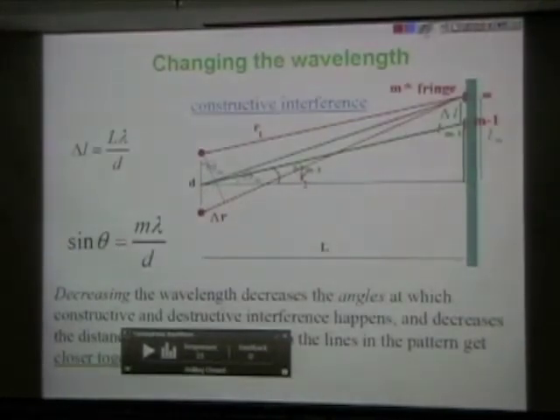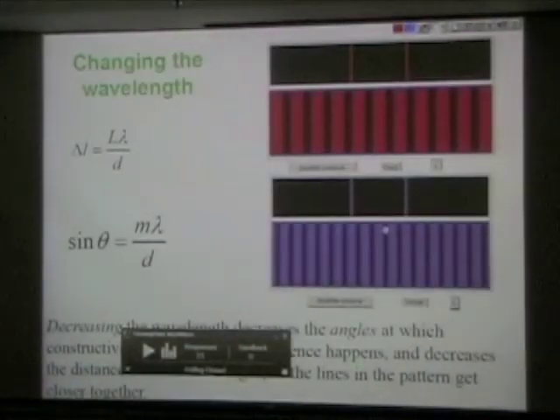This is just an explanation. Now, next. That's what we would actually see if I had this kind of experiment with red or violet lasers. For a red laser, we would see bright or dark fringes farther apart from each other.